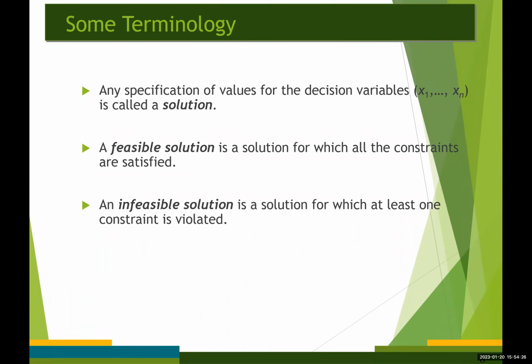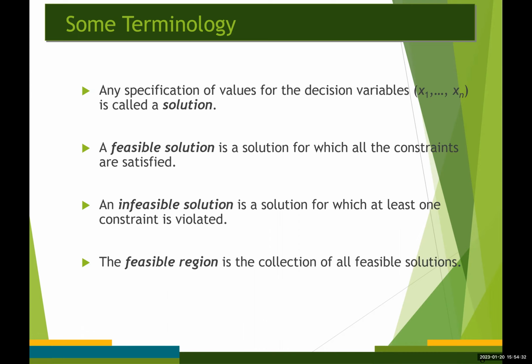So definitely we are not interested in infeasible solutions. And the feasible region is the collection of all the feasible solutions. So the feasible region for any LP is the set of all the points satisfying all of the LP's constraints and the sign restrictions as well.